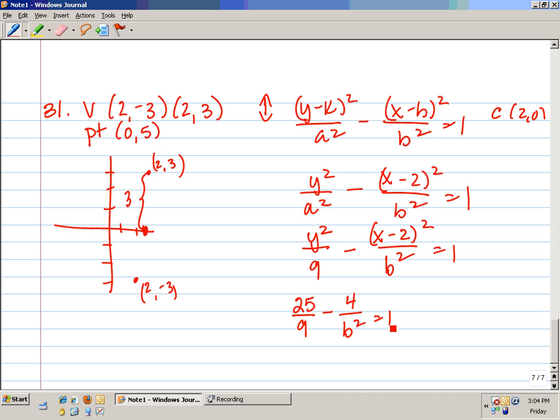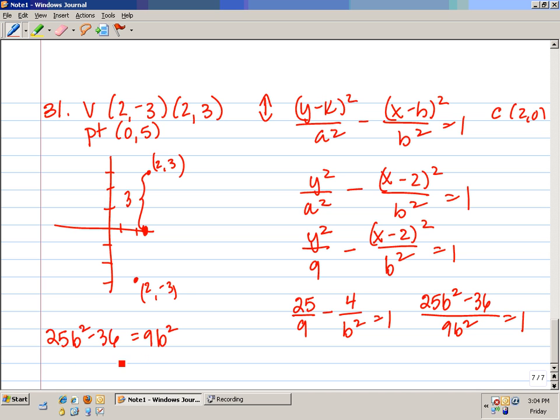Now I'm going to multiply and get a common denominator. It makes it a little easier. So I have 25 b squared minus 36 over 9b squared equals 1. Multiply 9b squared by both sides. I'm working over here now. So I have 25b squared minus 36 equals 9b squared.